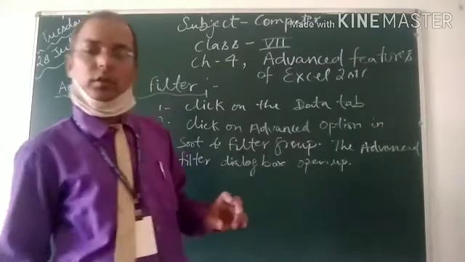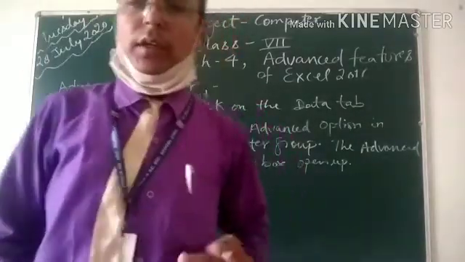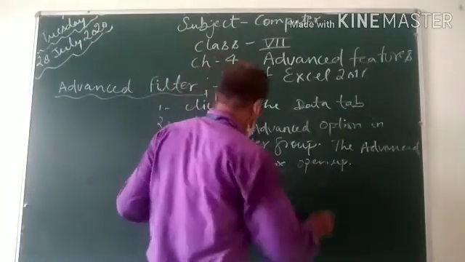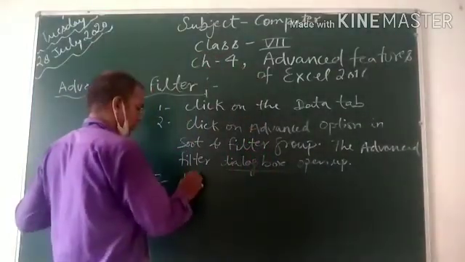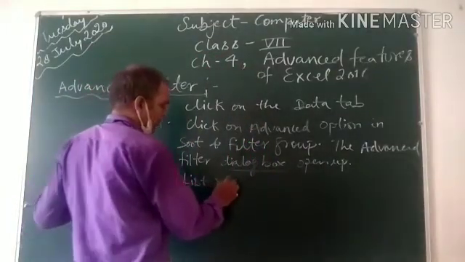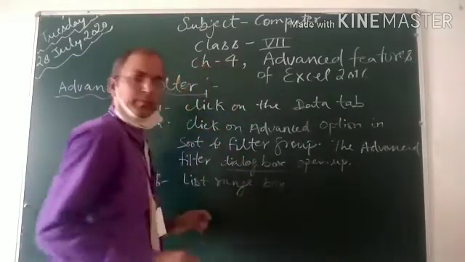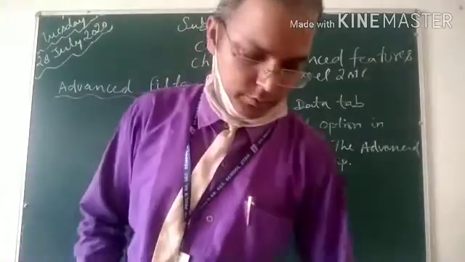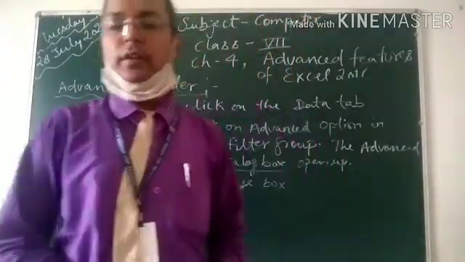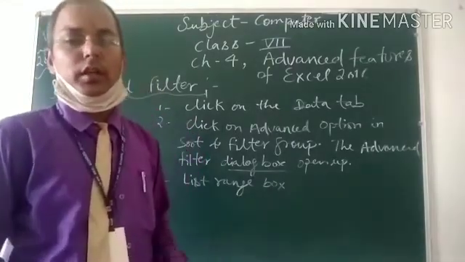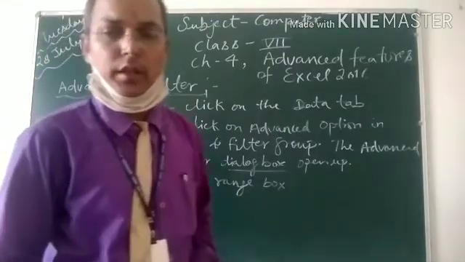Third, click on the List Range box in the dialog box. To enter the range in it, select the range of cells in the worksheet, for example A5 to D8.